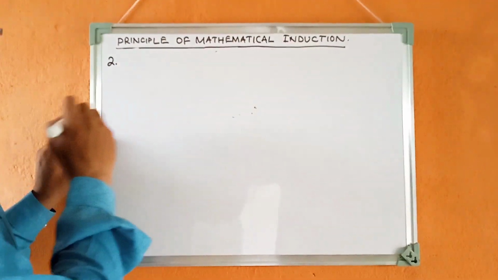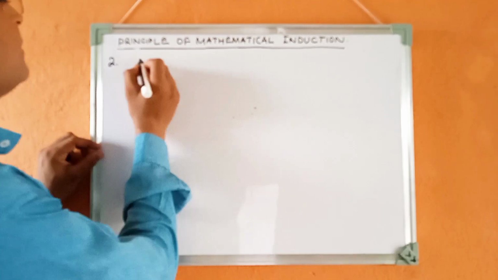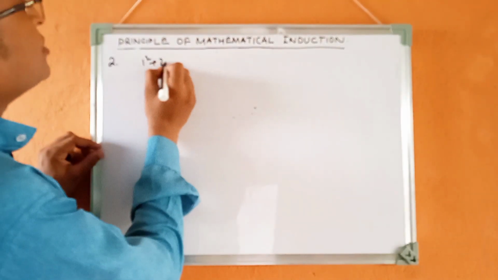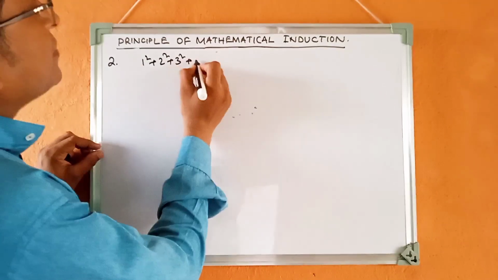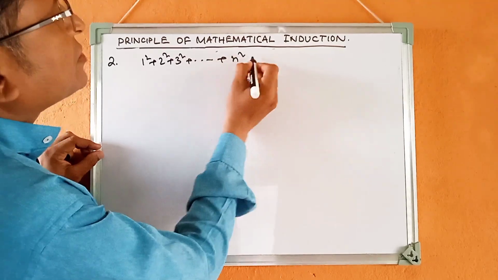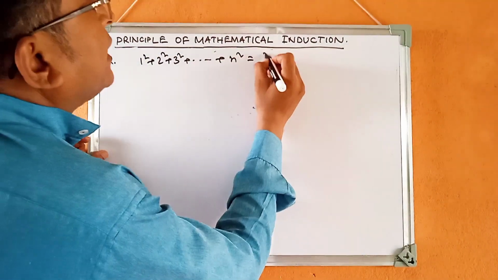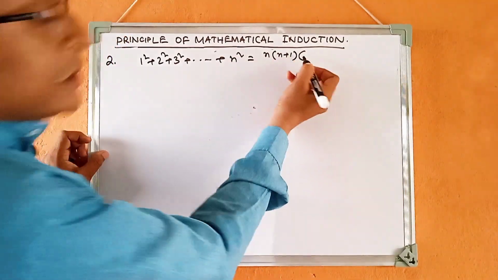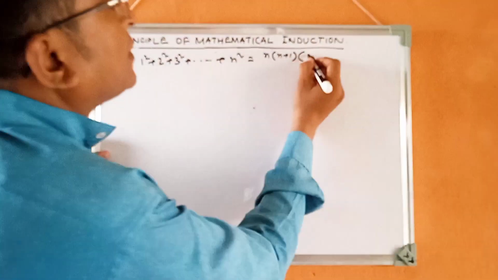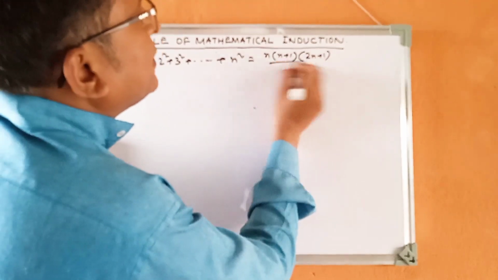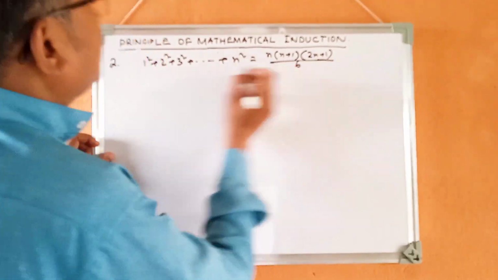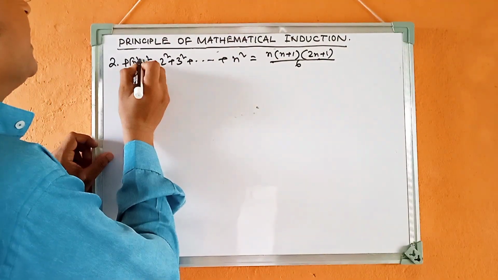Example number 2: 1 square plus 2 square plus 3 square plus dot dot dot plus n square is equal to n into n plus 1 into 2n plus 1 divided by 6. Okay, this statement is Pn.